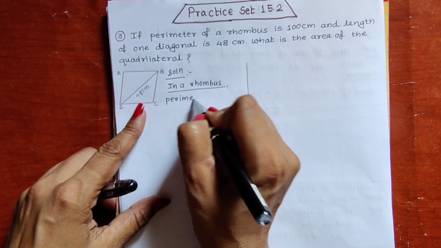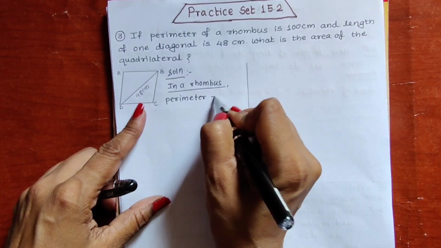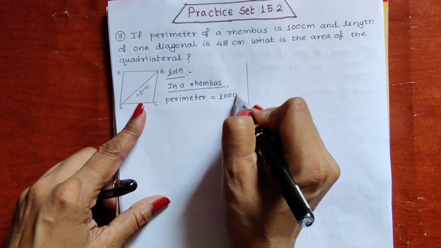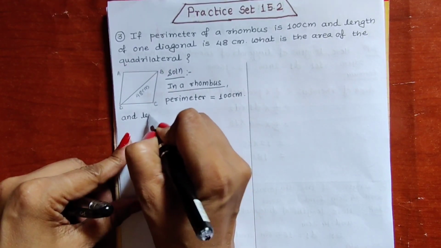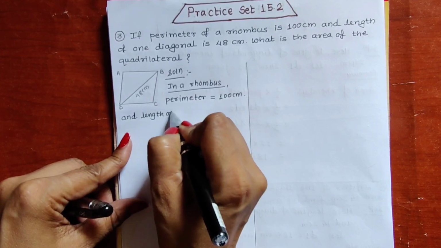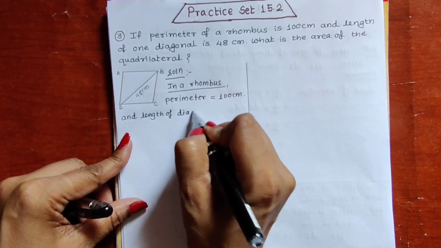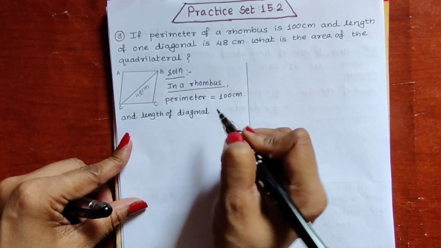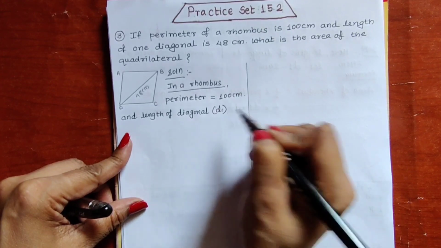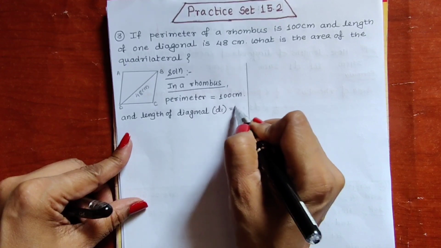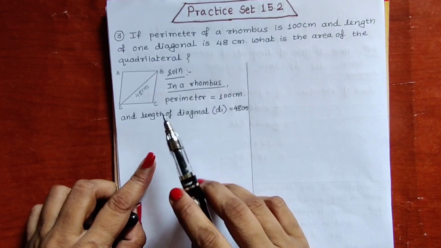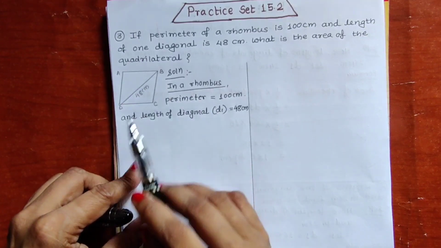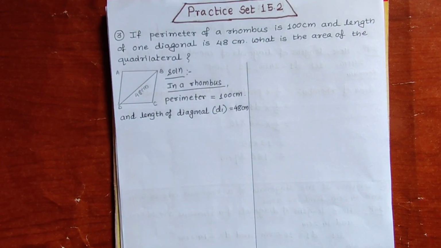Perimeter is equal to 100 centimeter and length of one diagonal, we write it as D1. Okay, length of one diagonal D1, which is equal to 48 centimeter. So first from perimeter we will be finding out the side of rhombus. So perimeter formula we all have studied last year. We will be using that formula now.